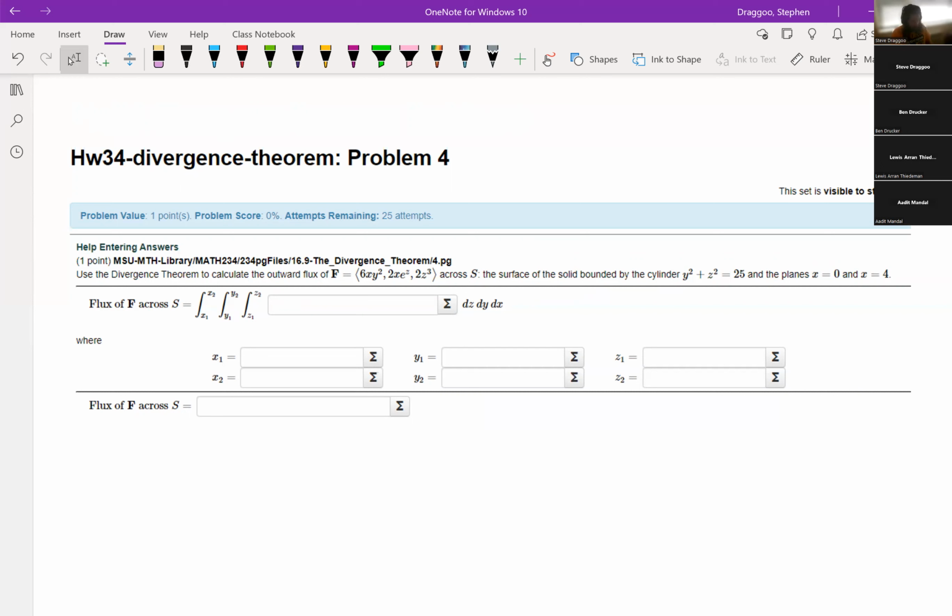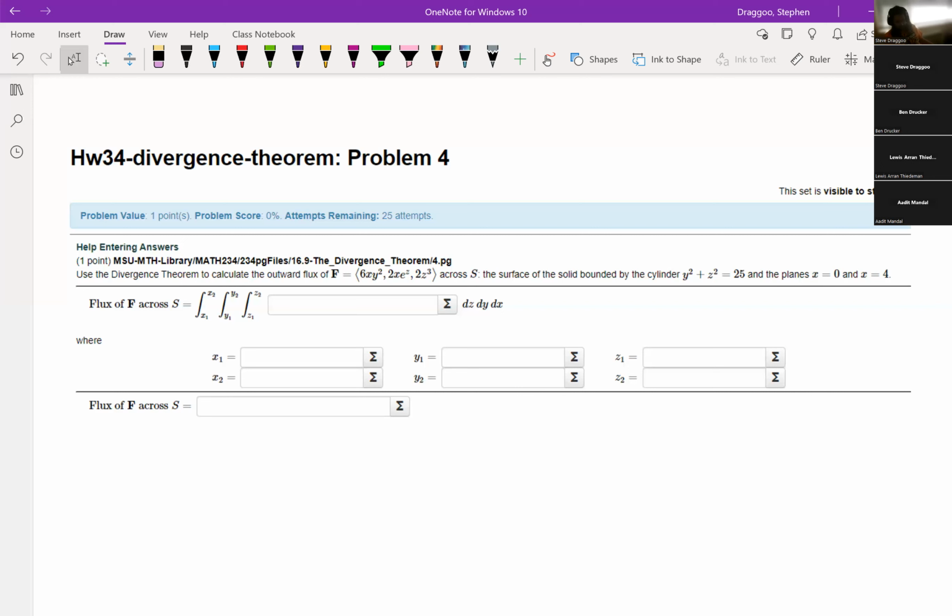So the divergence theorem, that's the one that says that the outward flux, which is a double integral through the surface of a solid, is going to be equal to the triple integral of the divergence of the function. And, again, we do whichever thing the problem didn't tell us to do.